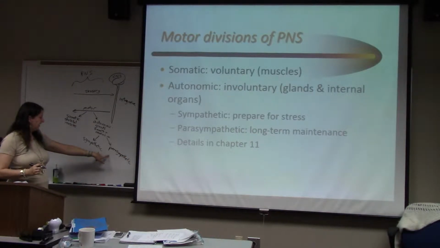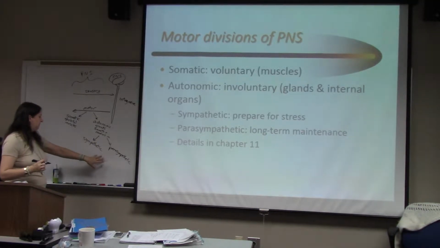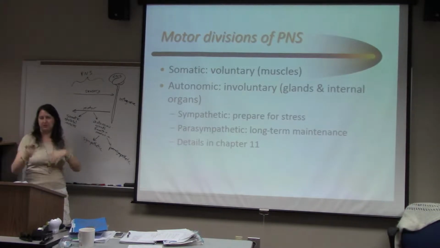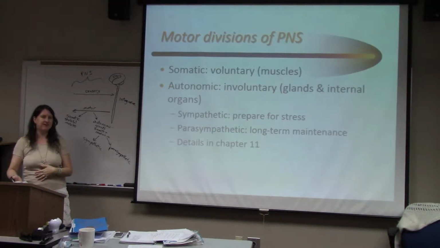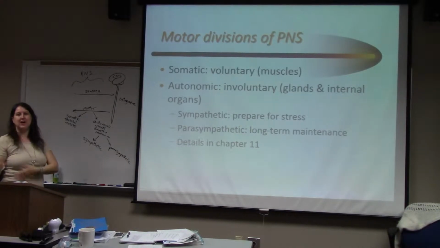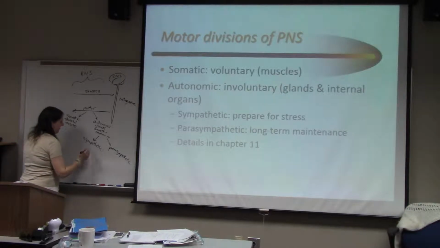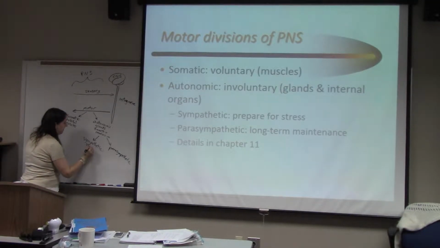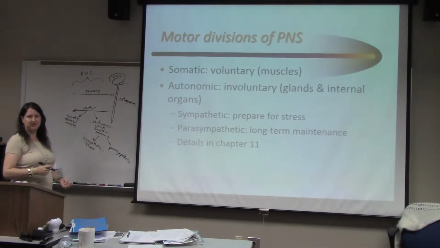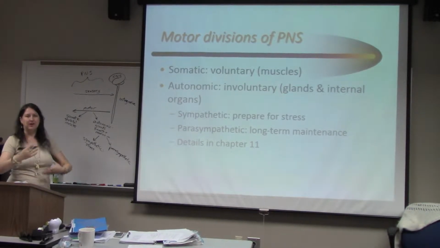Now, instead of going to separate organs, sympathetic and parasympathetic go to most of the same organs, like the digestive tract and the heart, but they give it opposite instructions. Sympathetic prepares the body for stress situations like an emergency or even just exercise where you just need more energy.